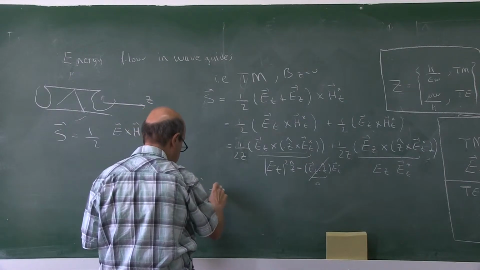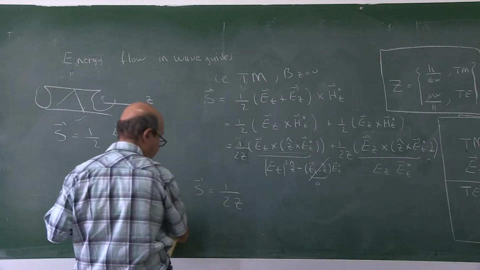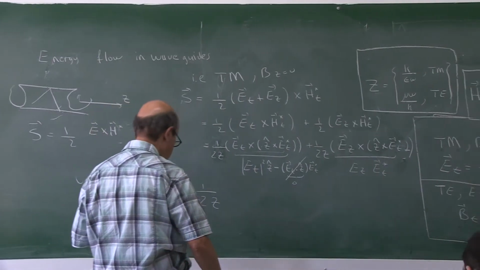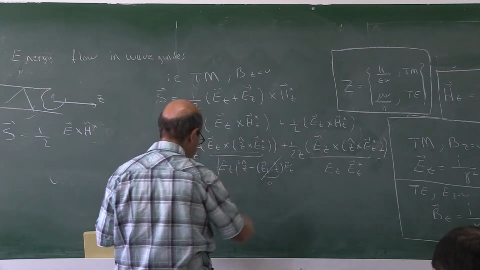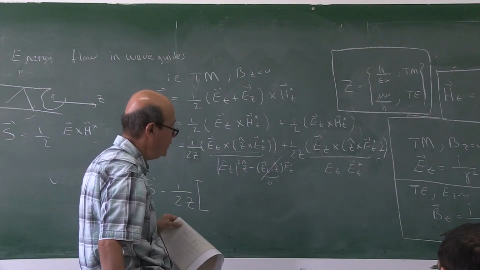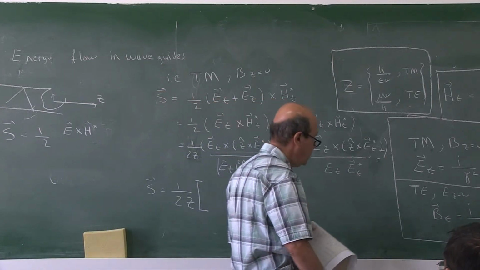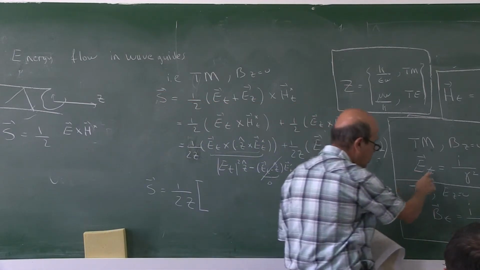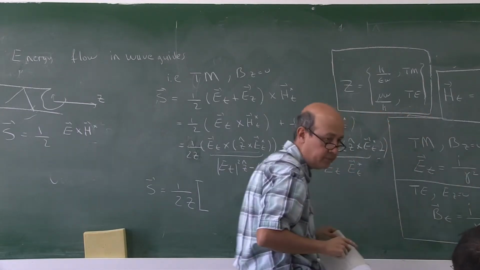S is equal to 1/2 impedance times E transverse squared along the z direction. What is E transverse for TM? E transverse is this quantity.